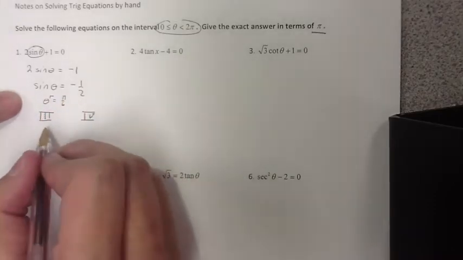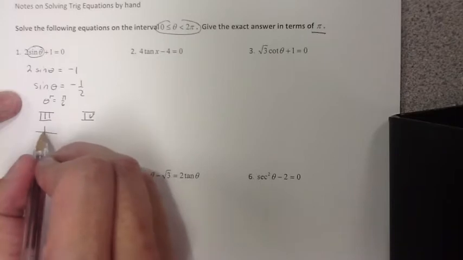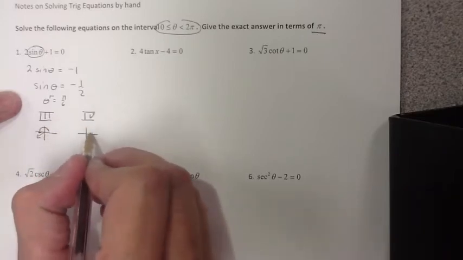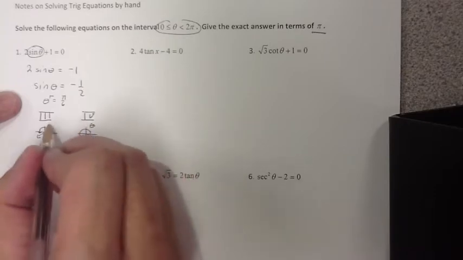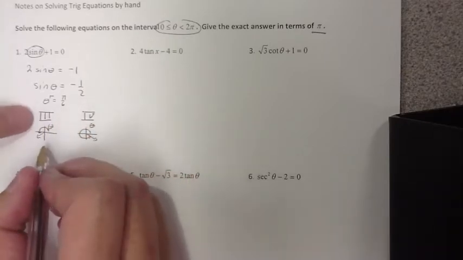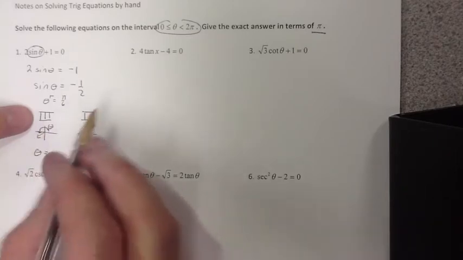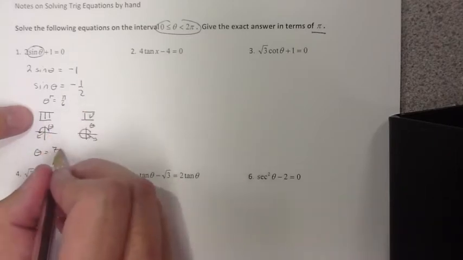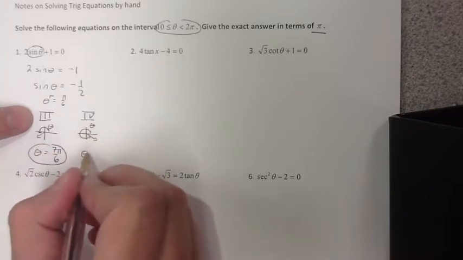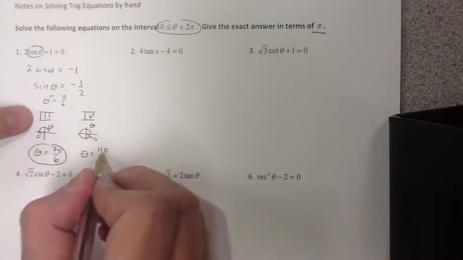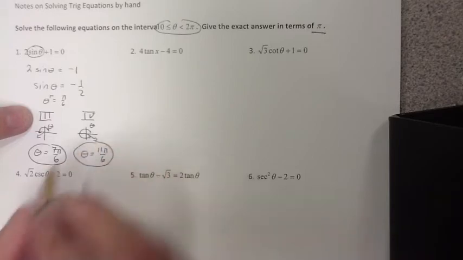So what I have to do is do the pi over 6's in quadrants 3 and 4. In quadrant 3, it's going to be 7 pi over 6. In quadrant 4, it's 11 pi over 6.